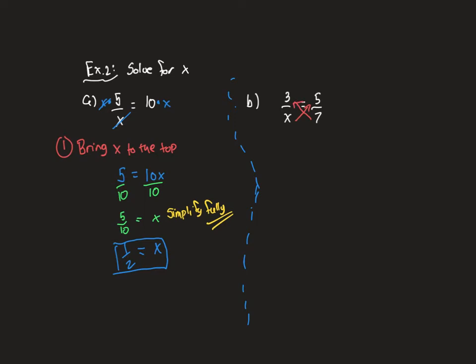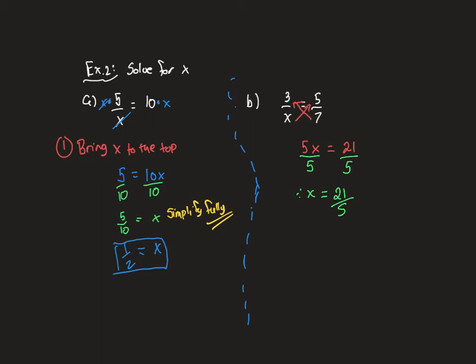So this x is going to multiply the 5, giving me 5x is equal to, the 3 is going to multiply the 7, giving me 21. Now you want to get the x by itself, so you're going to divide both sides by 5. So therefore, x is 21 over 5.